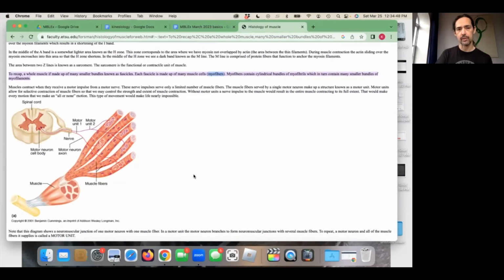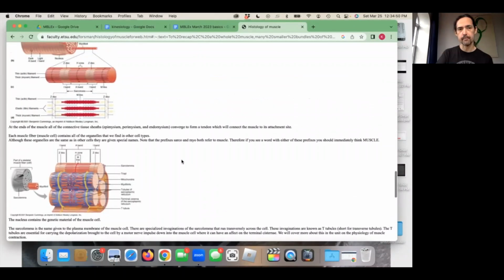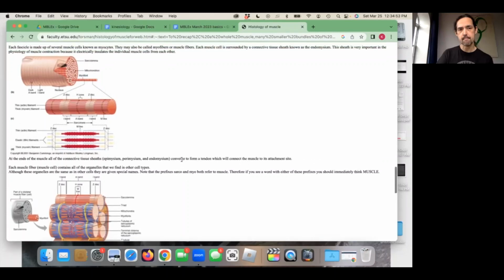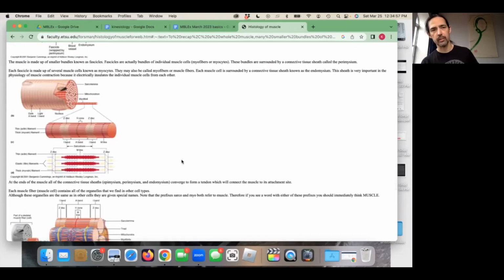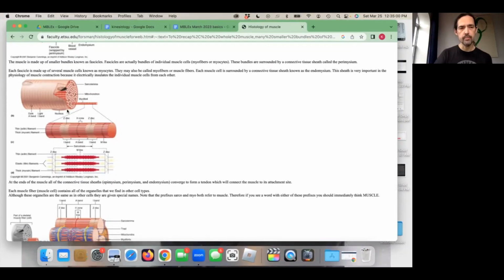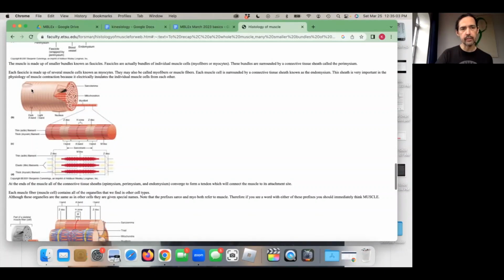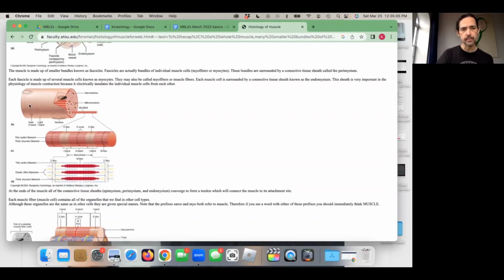And the whole thing is wrapped in a sarcolemma. Okay, so if you look at a muscle, this whole thing is a muscle, and what you see inside are muscle cells.